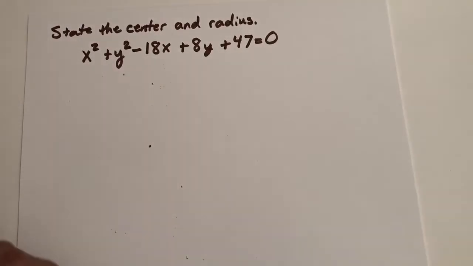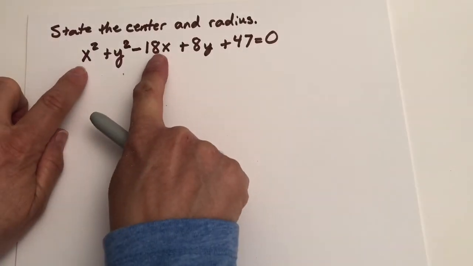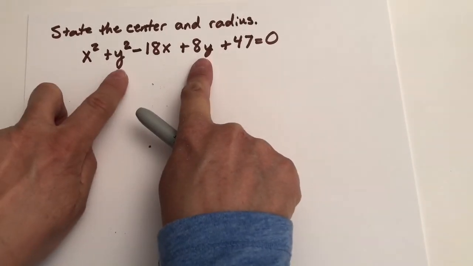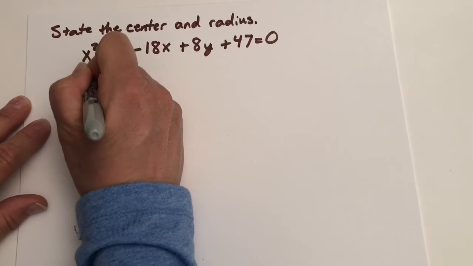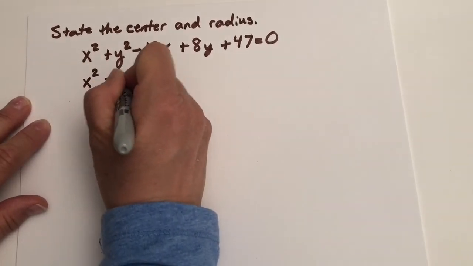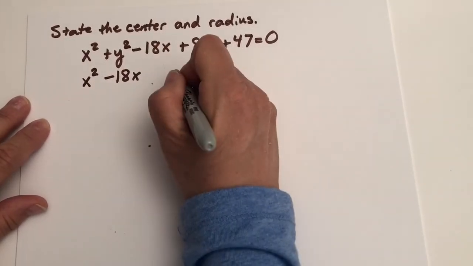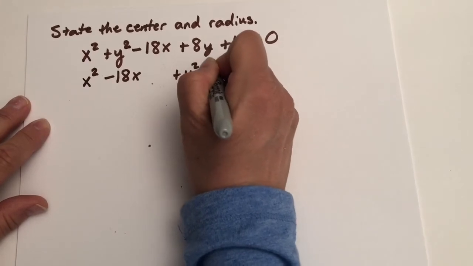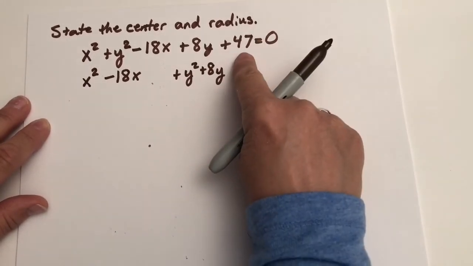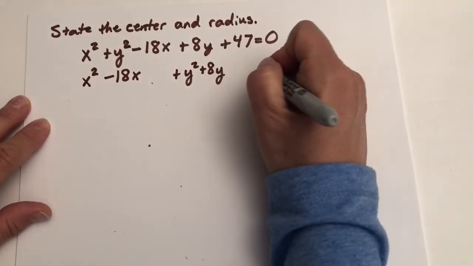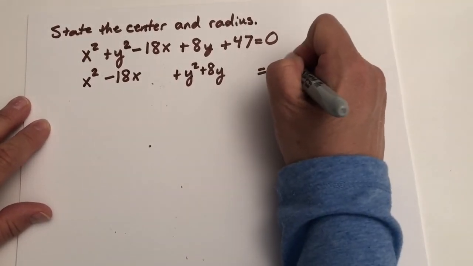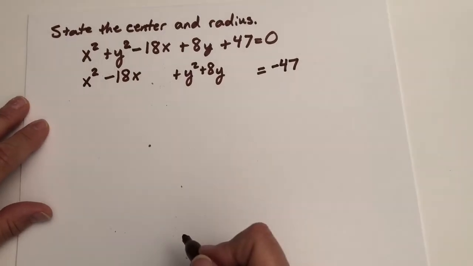So our job is to complete the square with respect to x and with respect to y. So let's rearrange the terms. We'll put the x's together and we'll put the y's together. And this 47 I don't really need on this side. I just want these two perfect squares. So let's subtract 47 from both sides so it ends up on the other side.